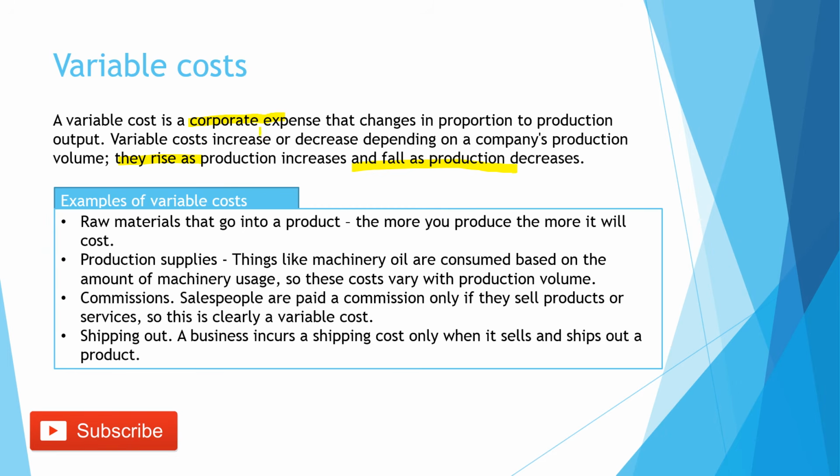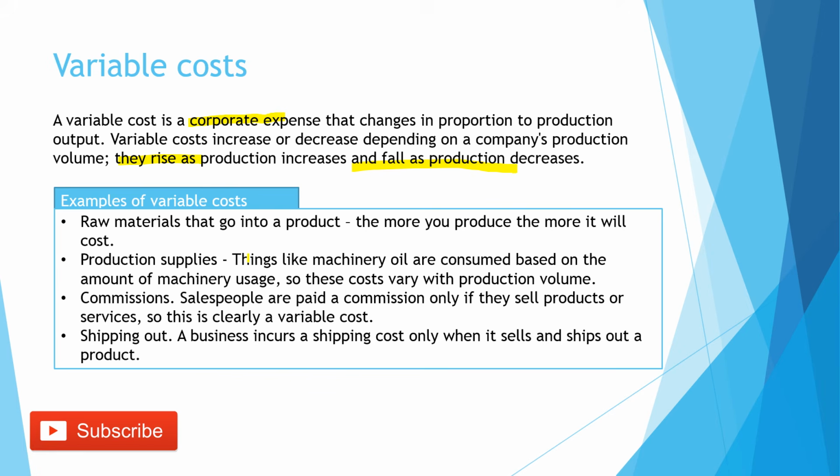But with the rent, for fixed costs, we cannot say, excuse me, this month I haven't made any sales, can I pay less rent? No, they're not going to let us do that. So that's why it's a fixed cost. Whereas variable costs change depending on how much production a company has in a certain period of time.